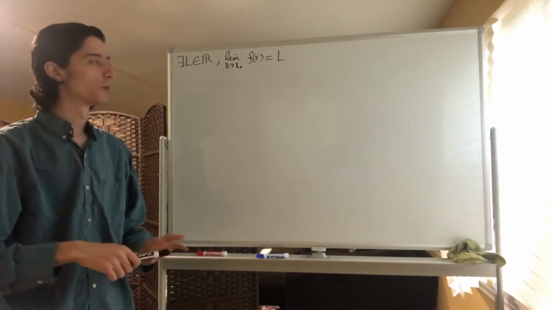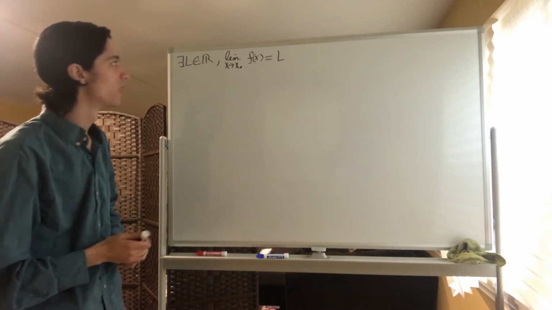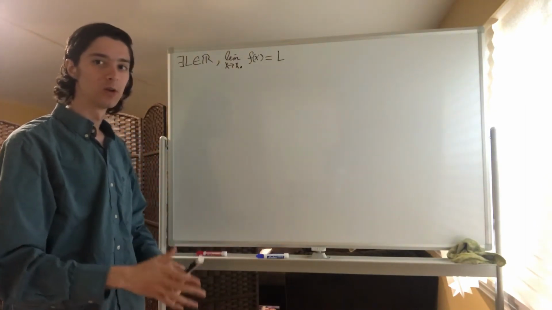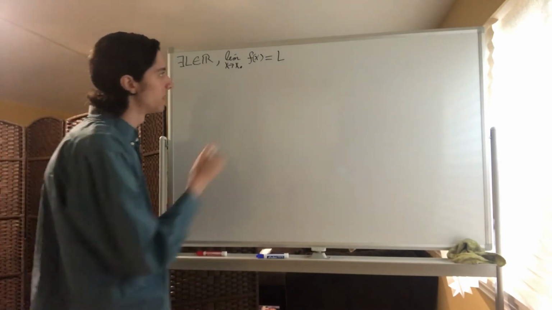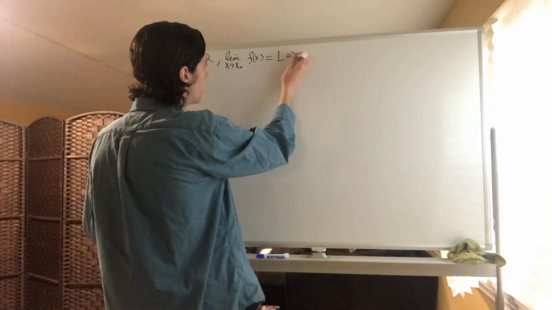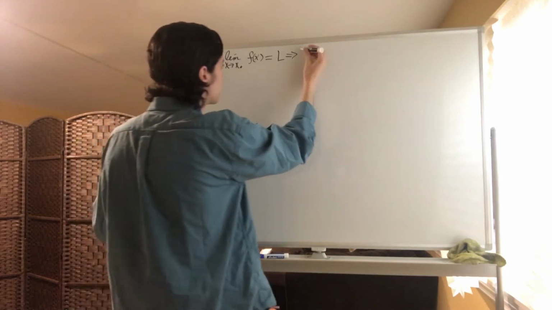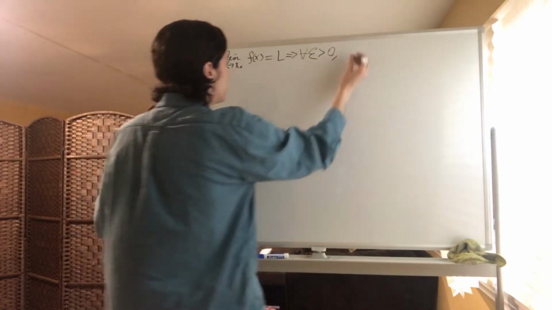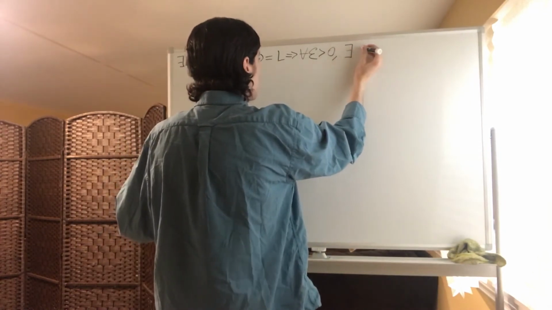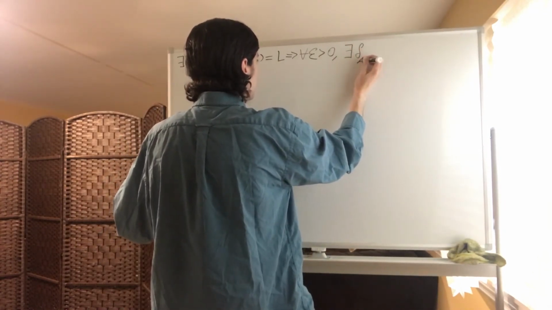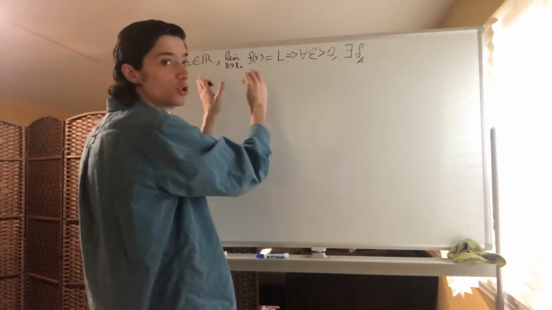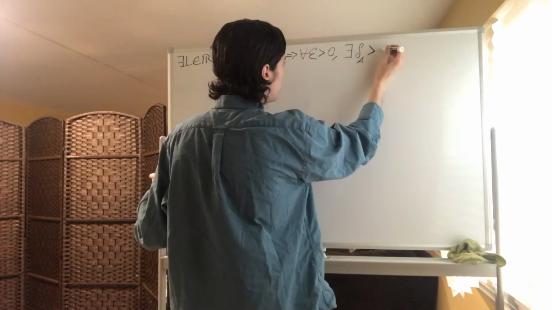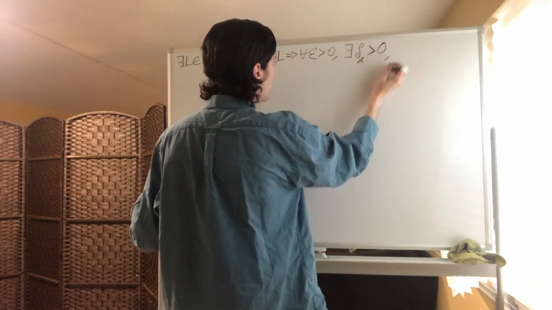So let's start with our f of x. So this limit means what? Well, using the definition of this type of limit, we can say the following. This all implies that for all epsilon greater than 0, there exists a delta. And why don't we name this delta A? Because we're assuming this is true, we know there exists a delta. And delta is also a distance, so it's greater than 0.